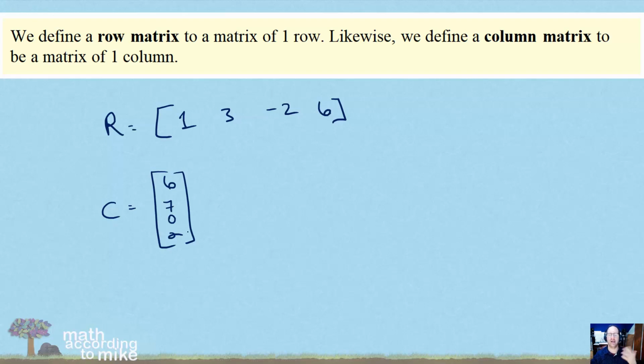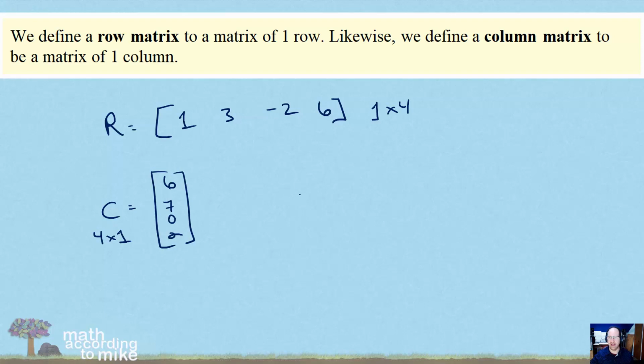C is a column matrix because it has one column. Now, a row matrix can have as many columns as it wants, and a column matrix can have as many rows as it wants. Notice our R is a 1 by 4, 1 row, 4 columns, and our C is a 4 by 1. Purposely did that way.